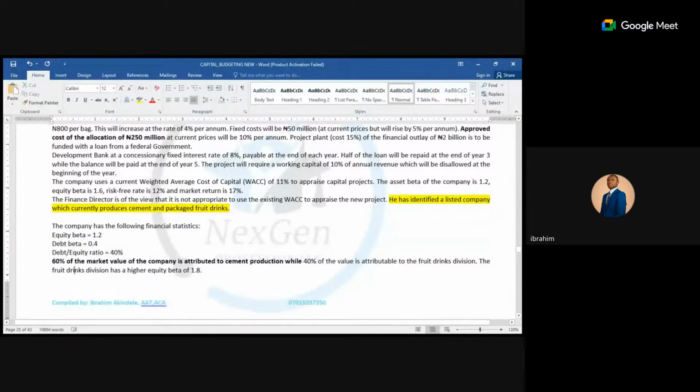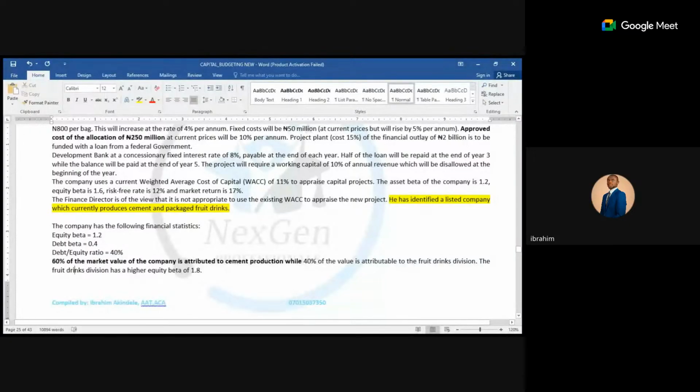Now, they give you additional information on the equity beta, the market value that will be attributable to cement is just 60%, while the one for drinks will be 40%, and the fruit drink division has a higher equity beta of 1.8, meaning that we cannot have two unknowns.